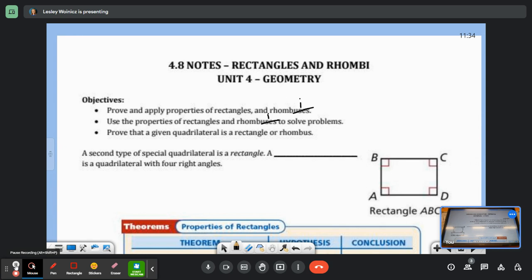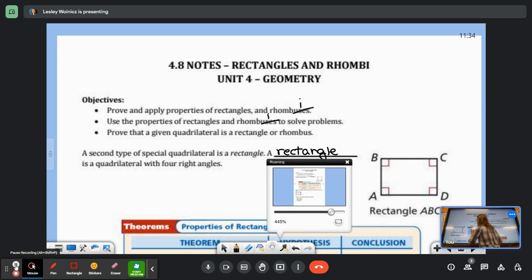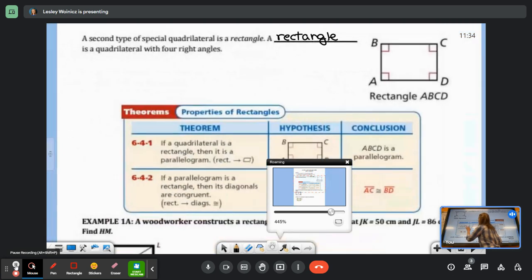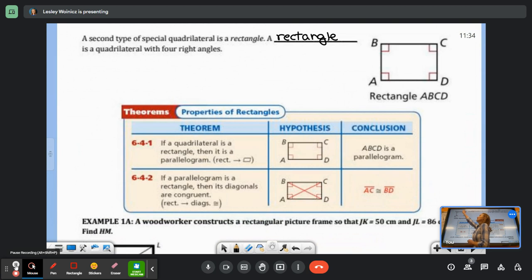Okay, so another type of special quadrilateral is a rectangle. A rectangle is a quadrilateral with 4 right interior angles. Now, if you think about that, if they're 90 and 90, and we have alternate interior angles, they're going to have to also be parallel, right?